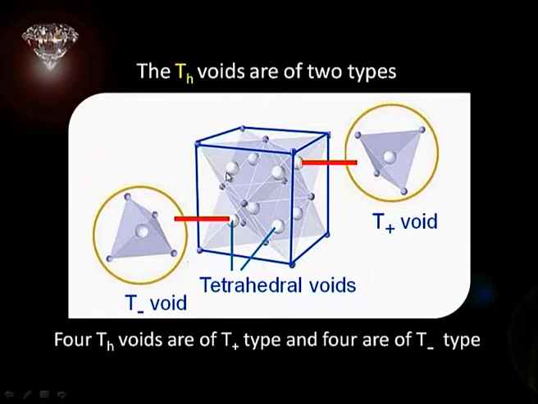That means, 2 neighboring voids will be of different kinds. This will become very, very pertinent when we talk about structures like zinc sulfide and many other things. Okay. So, it is very important to understand that there are 2 types of tetrahedral voids, T minus and T plus, and both of them are 4 each. The total happens to be 8.